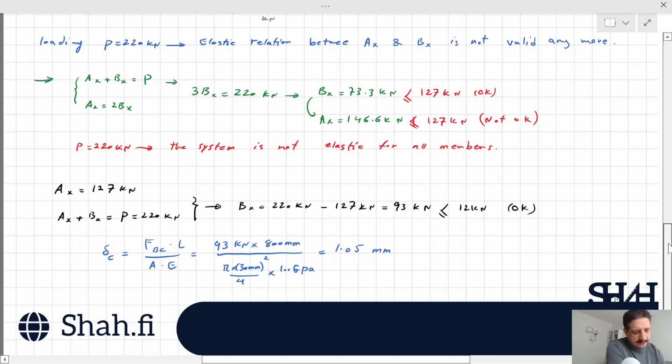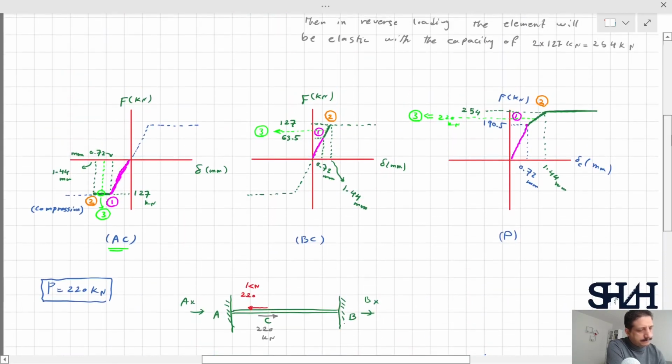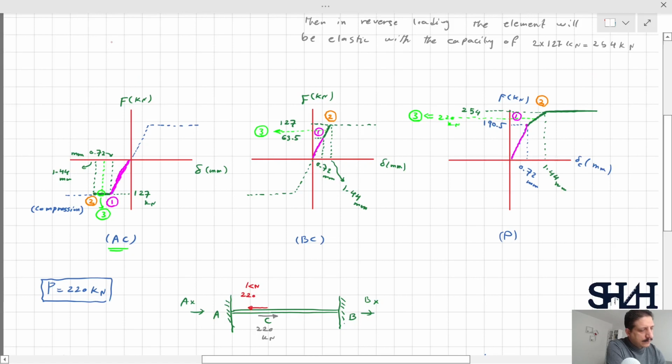We can check this calculation also from our graphs. So the value of load here is 93 kilonewton. And here we can calculate what is the deformation.